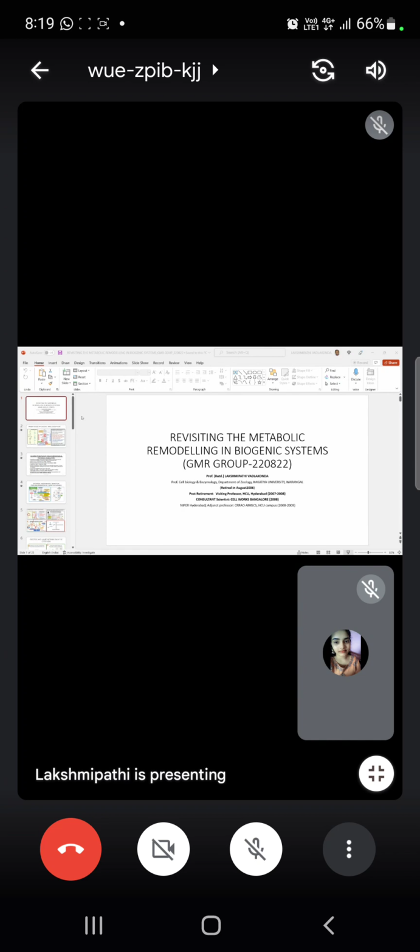According to this model, glucose is phosphorylated in two-step reactions to fructose 1,6-bisphosphate, and then it is split into triose phosphate. It goes down into these steps.